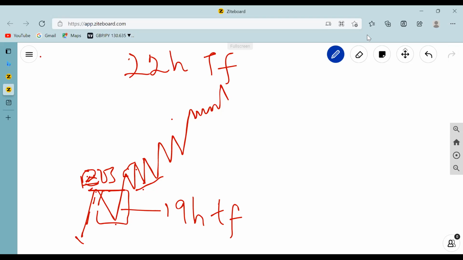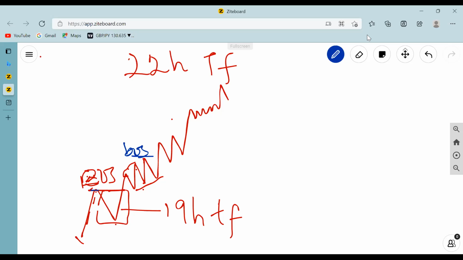So we have this, okay. BOS again here. Now, after we have this new BOS, this range structure that happened first, even from the time we break this external liquidity down to here, up to here, all of them cumulatively are range structure to this first external liquidity that was broken.